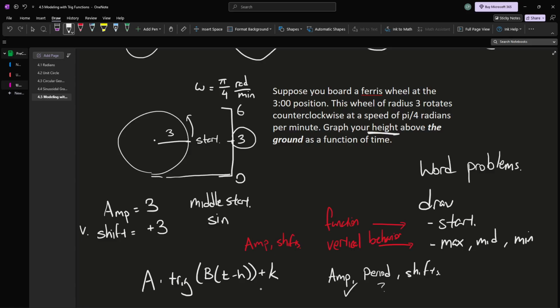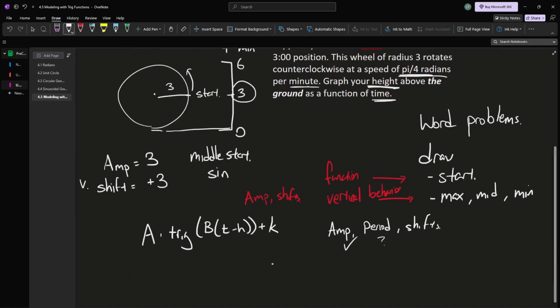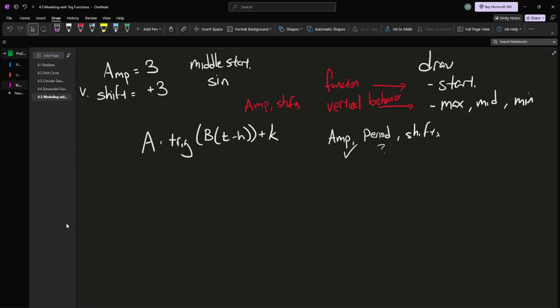So let's look back here and think about what I have that relates to time, because it's a function of time. And I see my time is right here. My speed, pi over 4 radians per minute. Time is right here with minutes, so that must relate to period. So I travel around at a speed of pi over 4 radians per minute. Let's look at this equation, theta over time.